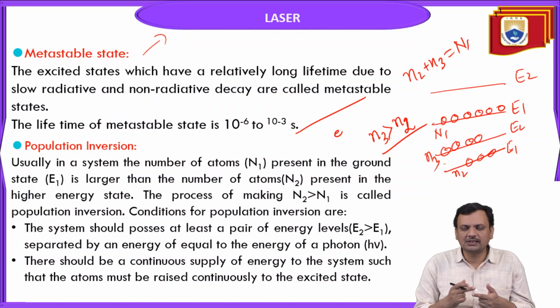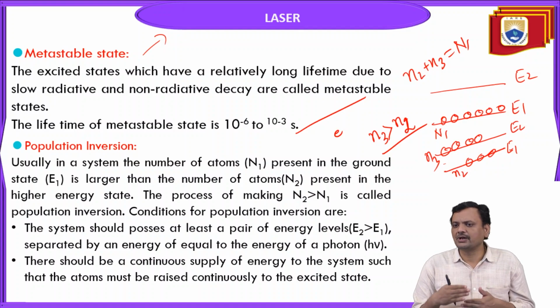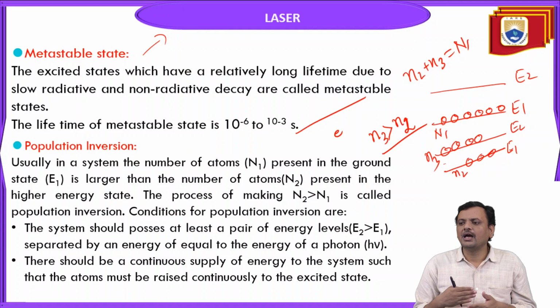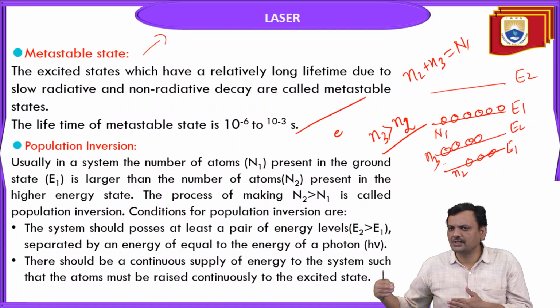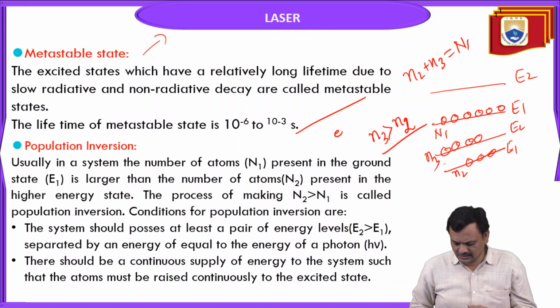So these two things are interlinked, the metastable state and population inversion. With the metastable state you can maintain population inversion, and by maintaining it you can achieve stimulated emission radiation, and that will generate the laser light.